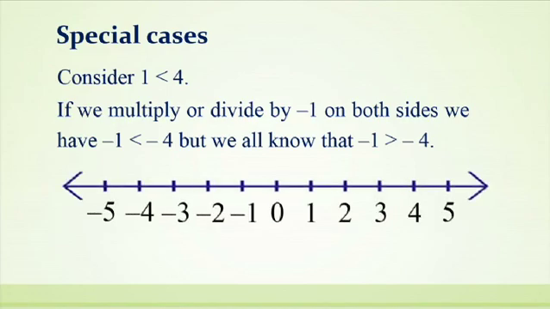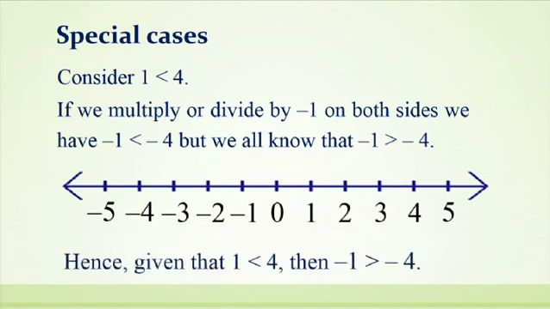But you know that -1 is not less than -4. -1 is in fact greater than -4. So what we can see is if 1 is less than 4, and I multiply or divide by -1, then we have a reversal, that is -1 is greater than -4.